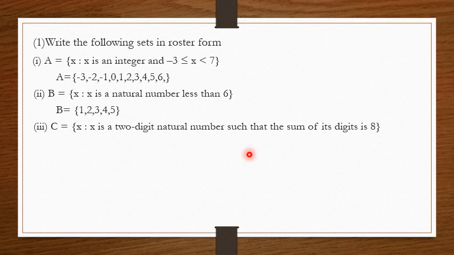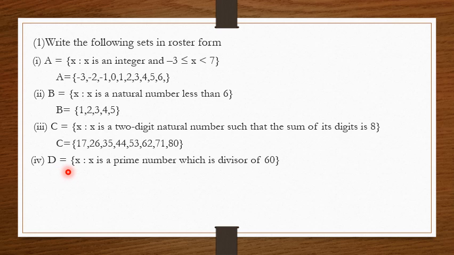So what are the two-digit natural numbers whose digits sum to 8? 17, 1 plus 7 is 8. 26, 2 plus 6. 35, 3 plus 5, 44, 53, 62, 71, 80. The sum of these two digits gives 8. So C in roster form is the set consisting of these numbers.